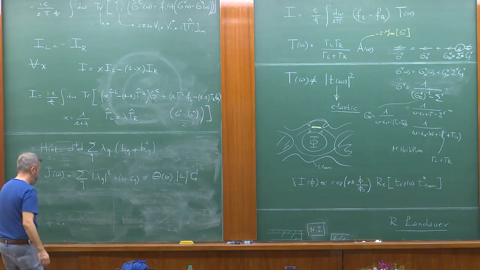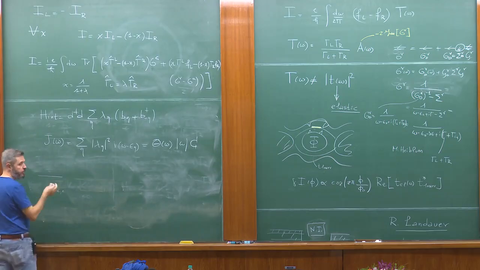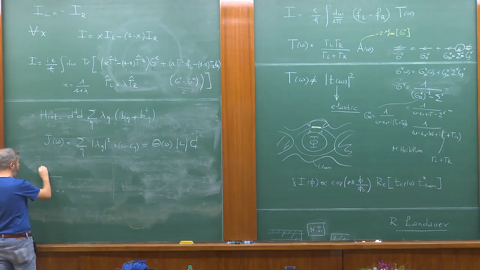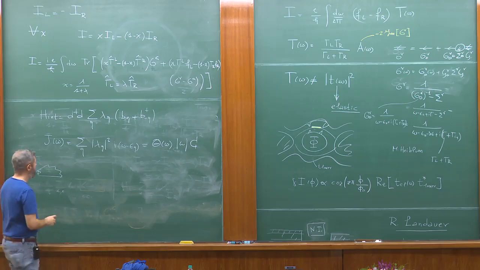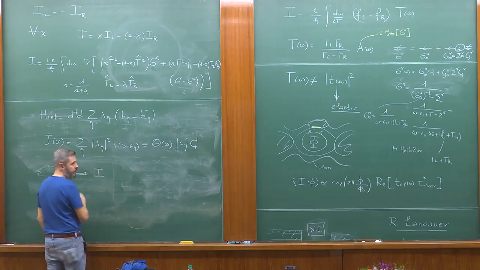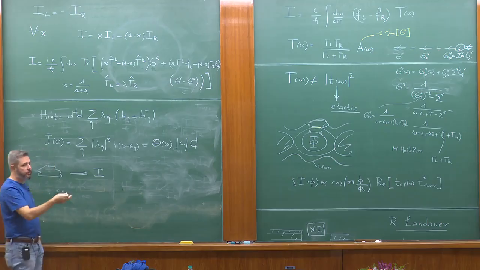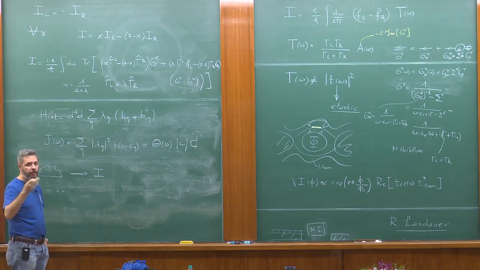And now what you can do, essentially by computing the first corrections due to interaction to the green function of a single resonant level, which are just this diagram and nothing else, you can compute what is the current as a function, for example, of voltage, and show what are the corrections due to interaction, in particular the nonlinear IV characteristics.